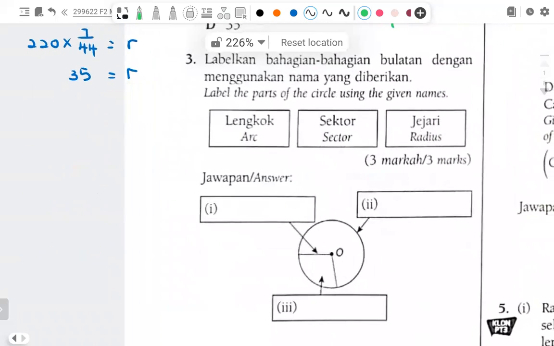So this one you have to label the parts of the circle. No need to type in the chat box, just write down the answer in your book. I give you 1 minute.